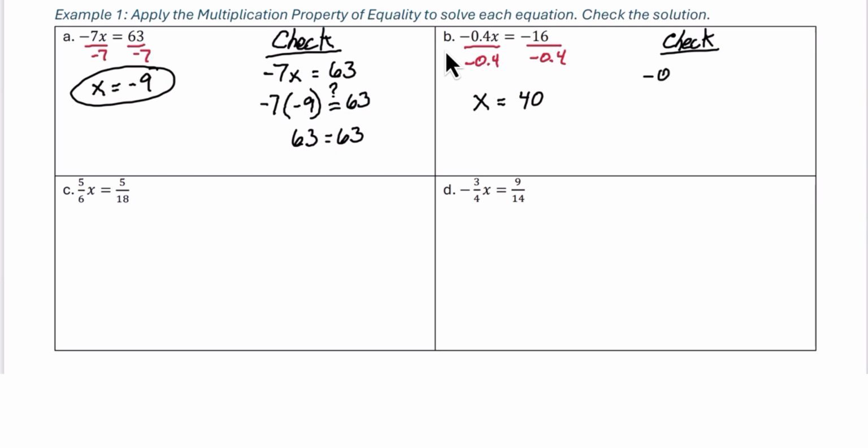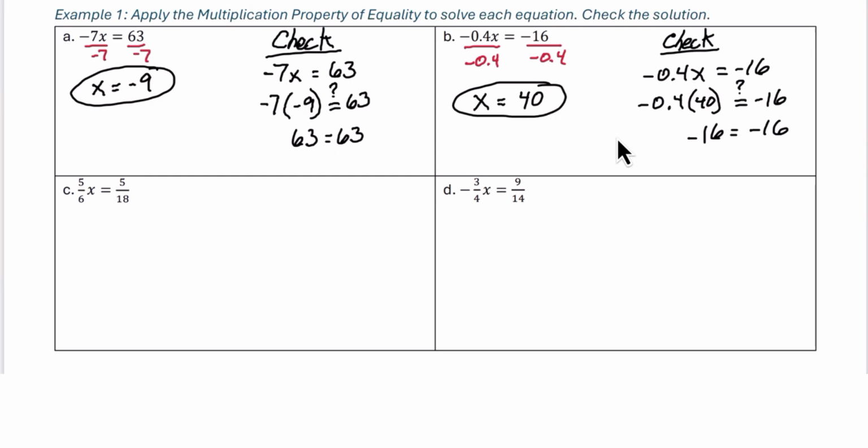We'll copy the original equation. And this time we want to replace the x with 40. And again, we're asking, is that equal to negative 16? Negative 4/10 times 40 is indeed negative 16. Since we get a true statement, we know 40 is the correct answer.